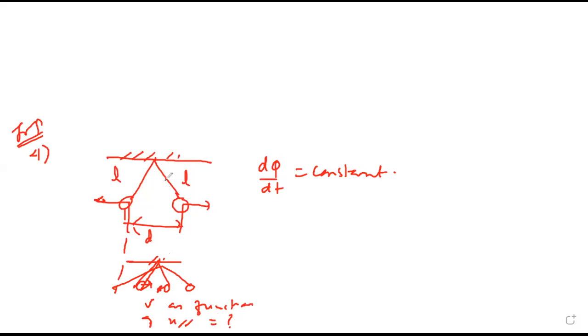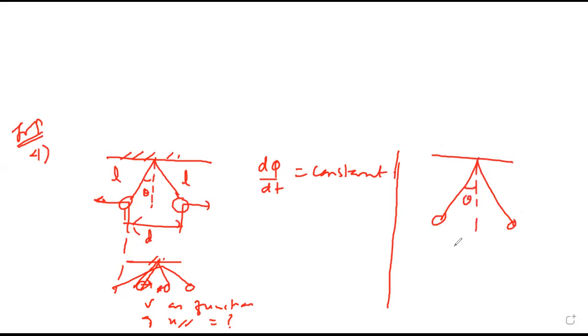The rate of flow of charge is constant. So can I say at equilibrium, suppose this is angle theta at any instant and the distance between them is x.